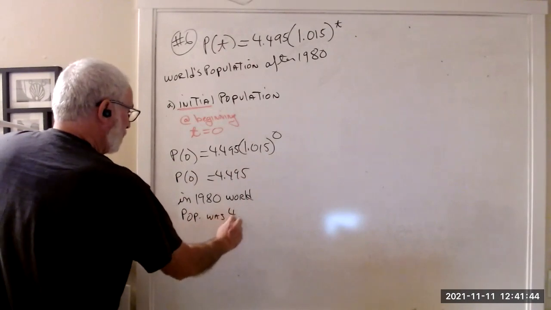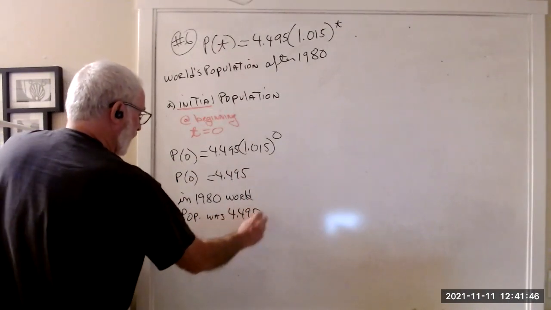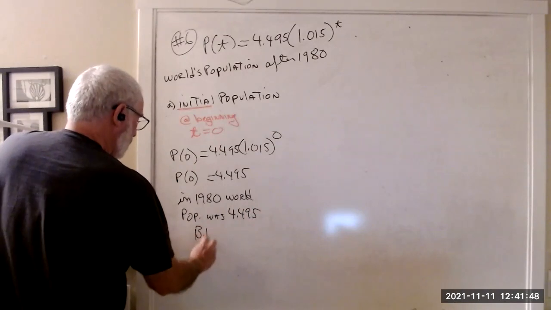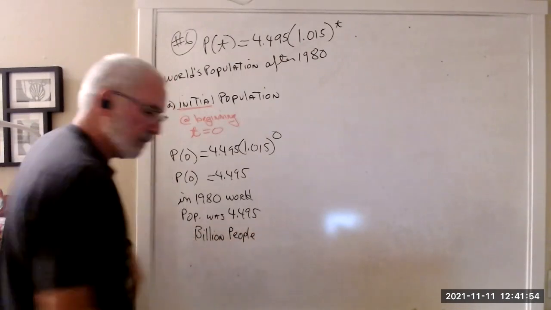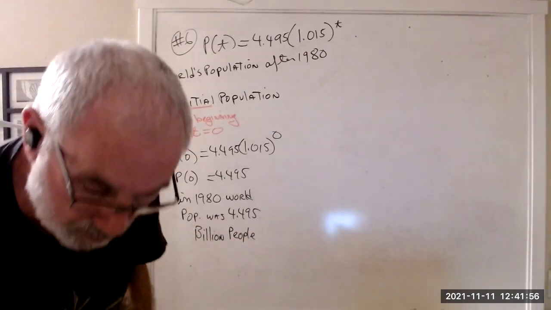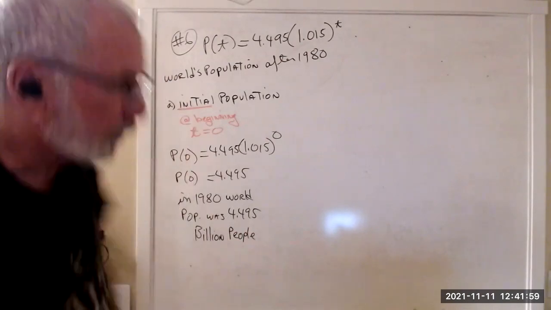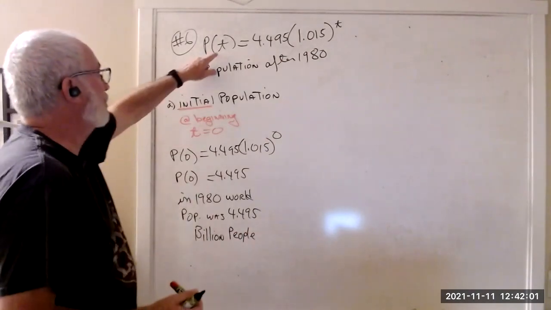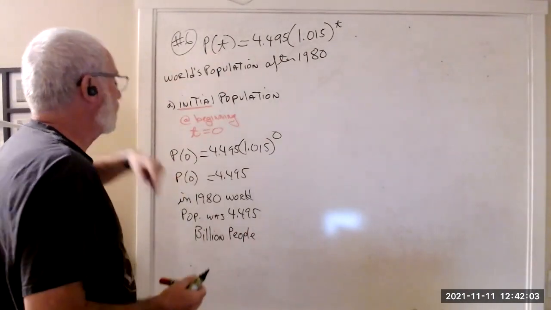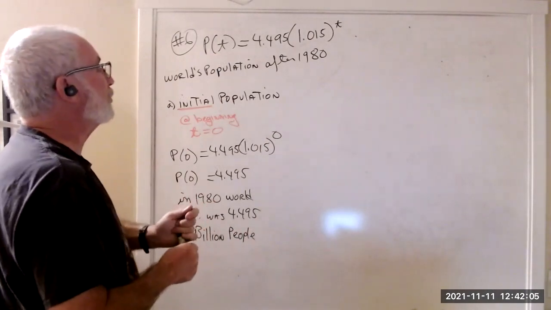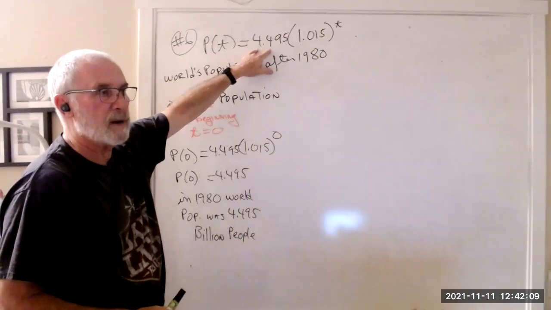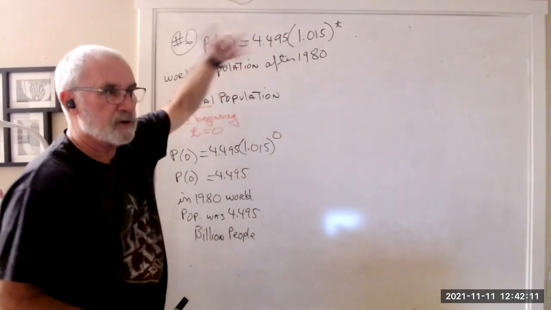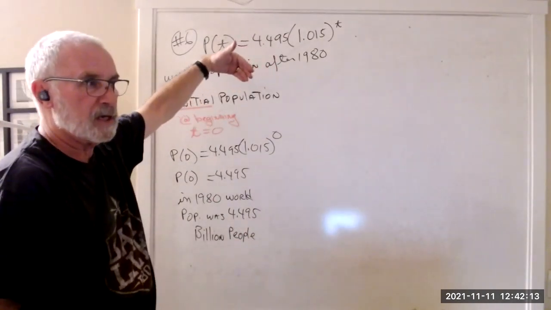And so in 1980, when this thing was first created, the world population was 4.495 billion people. Again, go back. I believe it when you read the problem. Yeah, it says P of t is based upon billions. Some of you could have figured out that 4.495 is the initial amount just because you compared it against previous formulas that we did.